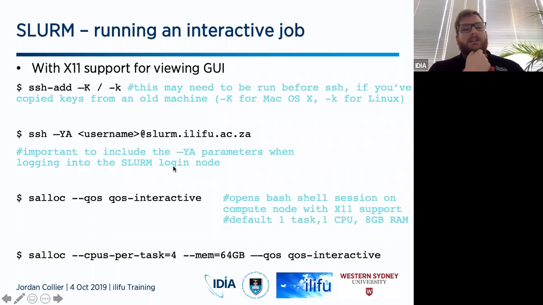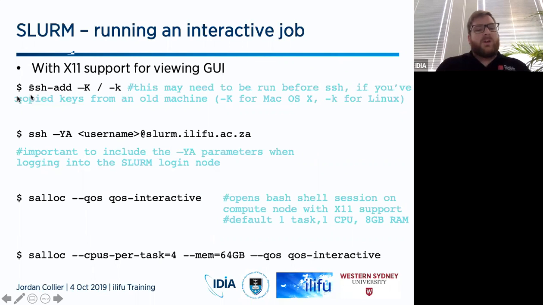If I want X11 support, which would be some kind of X forwarding of some visualization, then I may have to first run this ssh-add with option K. This is for if you've actually copied a key from an old machine to a new one, you have to do this. So generally, like Jeremy said, if you do get a new machine, it's just easiest to generate a new key and send that to us.